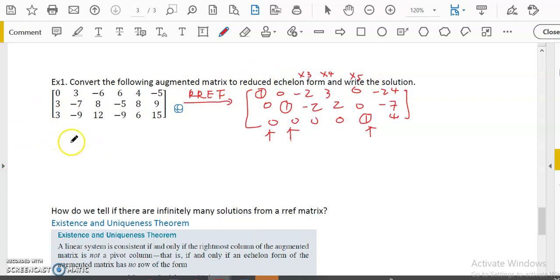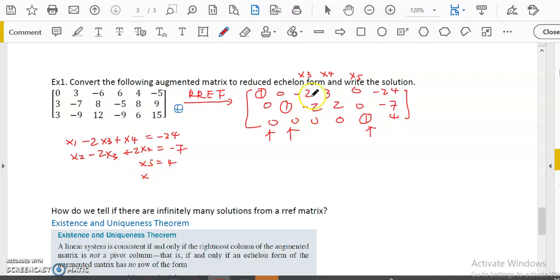So let's write the solution. x1 minus 2x3 plus x4 equals negative 24. The second one would be x2 minus 2x3 plus 2x4 equals negative 7. The last one is just x5 is equal to 4.